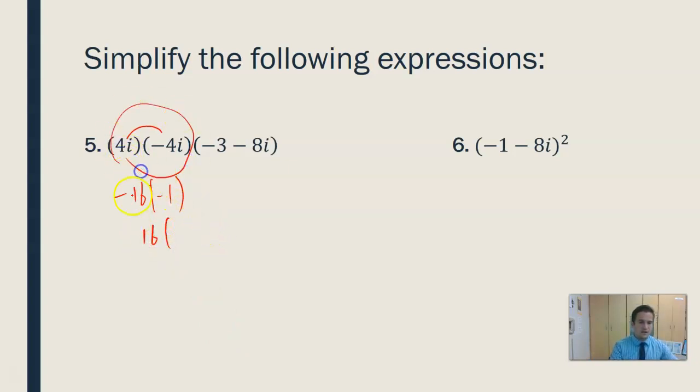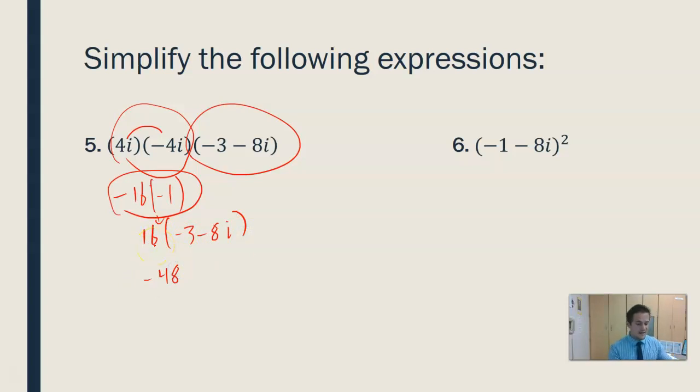So I've multiplied these two together. I got positive 16. Now I'm going to multiply that by negative 3 minus 8i. 16 times negative 3, well, that's negative 48. 16 times negative 8i, well, that's negative 128i. So my final answer is negative 48 minus 128i.